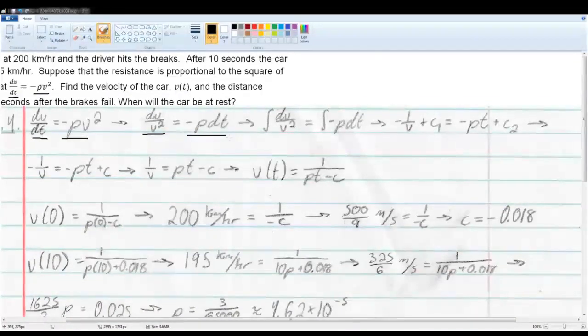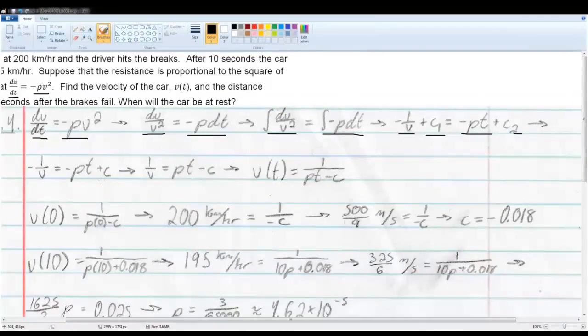Of course, rho is a constant, so when we integrate with respect to t, we're just going to get a constant times t. And over here we have basically v to the negative 2, and that basically just becomes negative 1 over v plus a constant. And again, negative rho times t plus a constant.